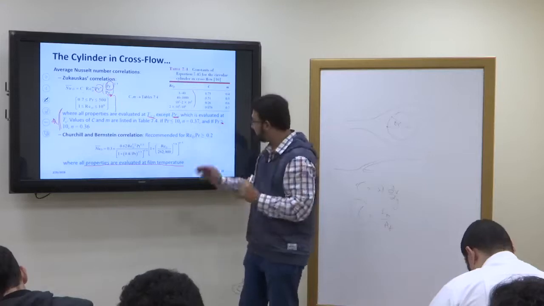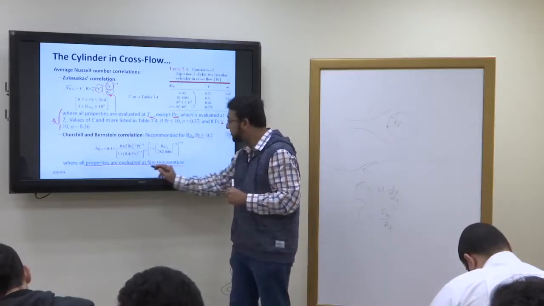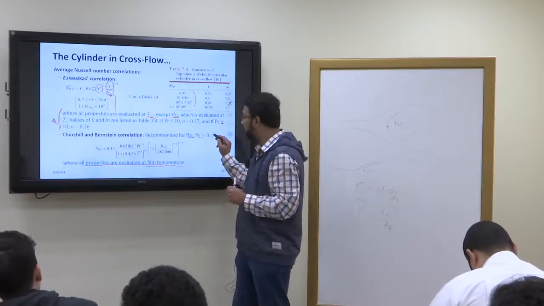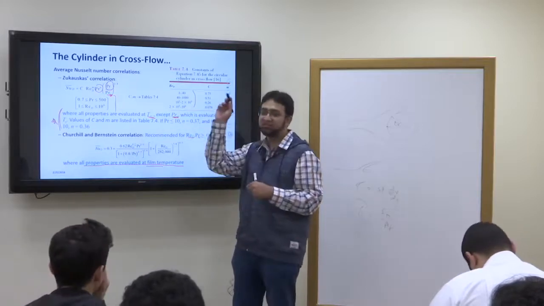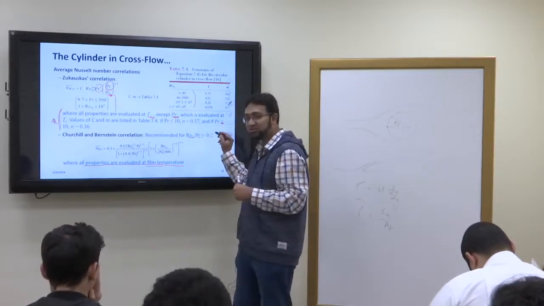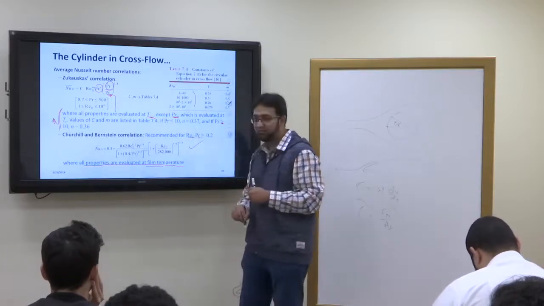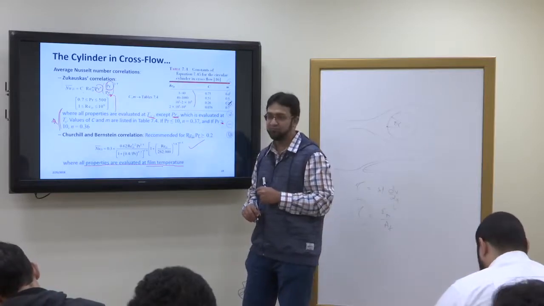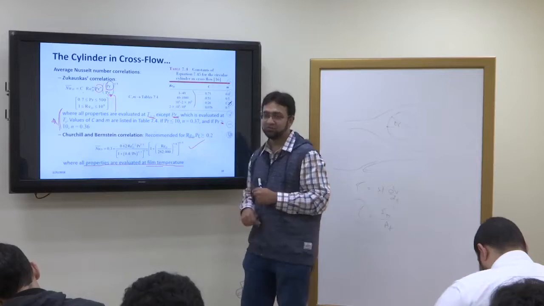You will first find out the Reynolds number and the Prandtl number at the mean film temperature, multiply them together and see what the answer is. If the answer is greater than 0.2, you will say, since this answer is greater than 0.2, this equation is valid, we can use it to determine the average Nusselt number, and then you will use this equation and get the average Nusselt number.